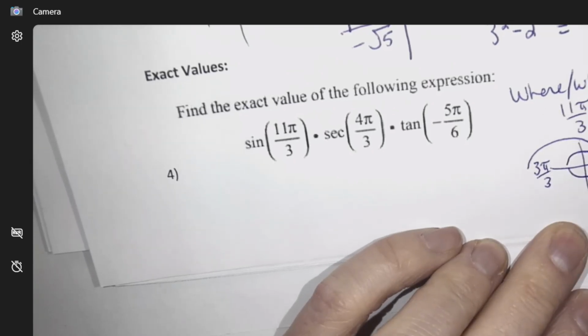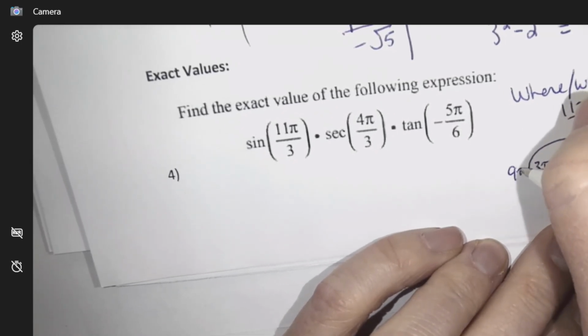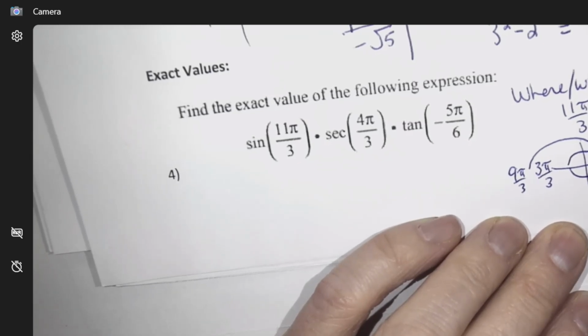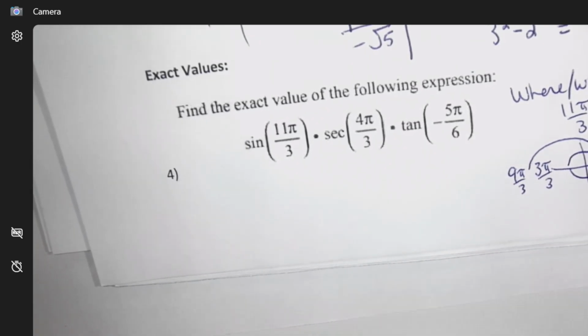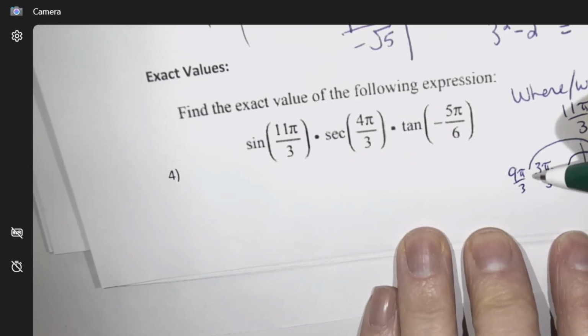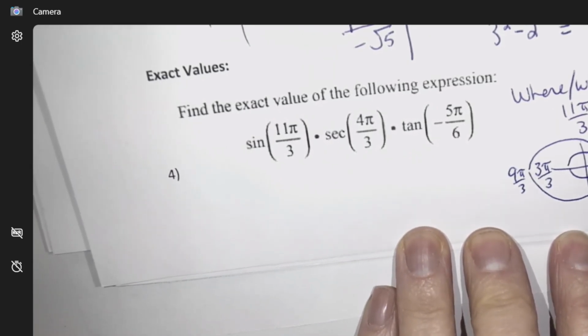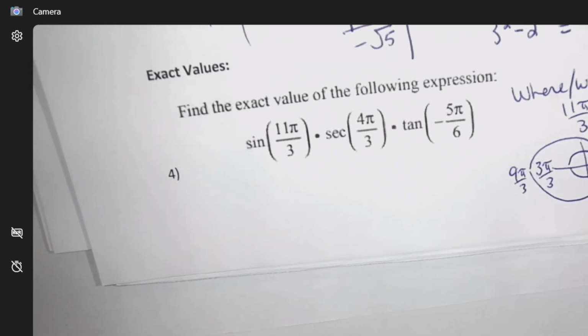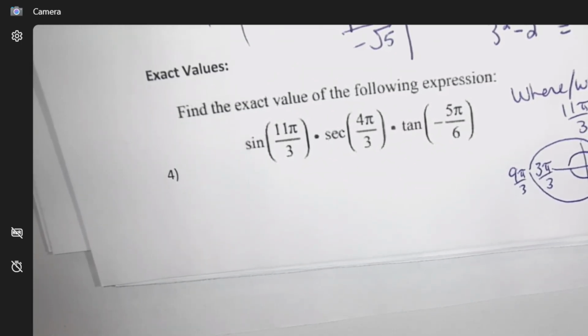And then another would be 9 pi over 3. And then 12 pi over 3. I don't want to do that. Too far. So where should I land? 11 pi over 3.